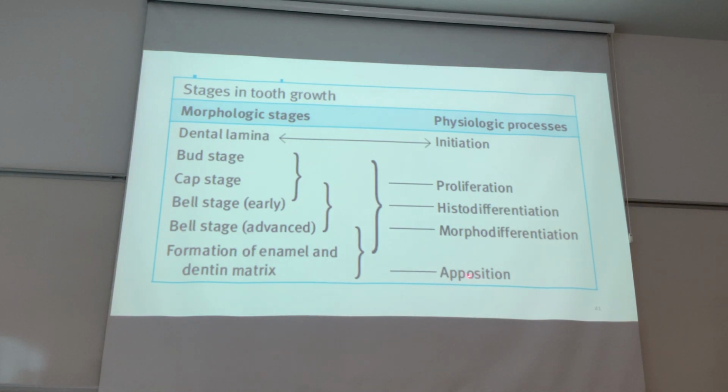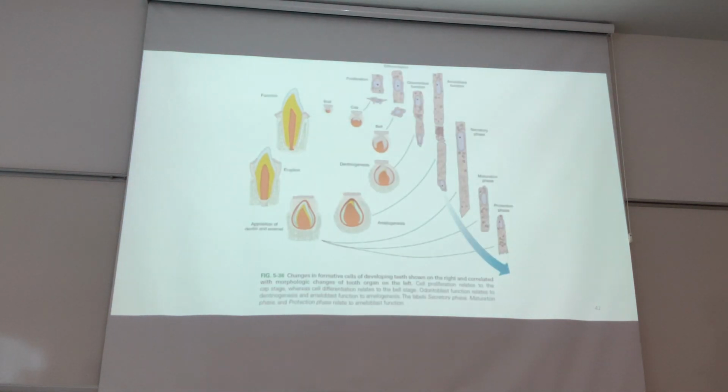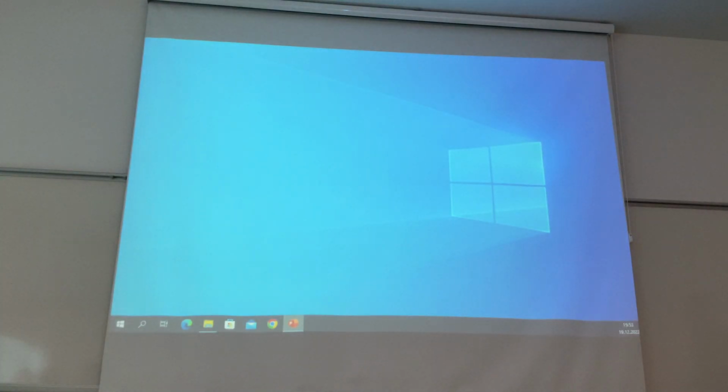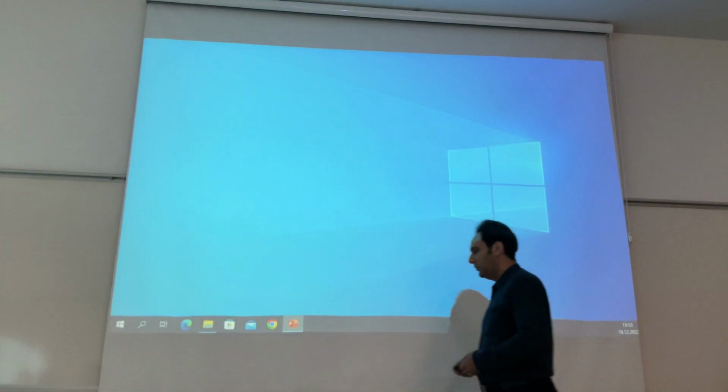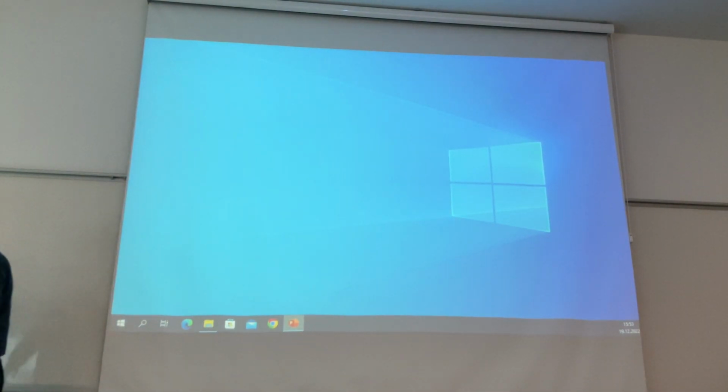And we have the apposition stage, our last stage. Okay. Here you can see different shapes of the ameloblast. We will talk about that ameloblast cell. Let me open our next slide and continue from there.